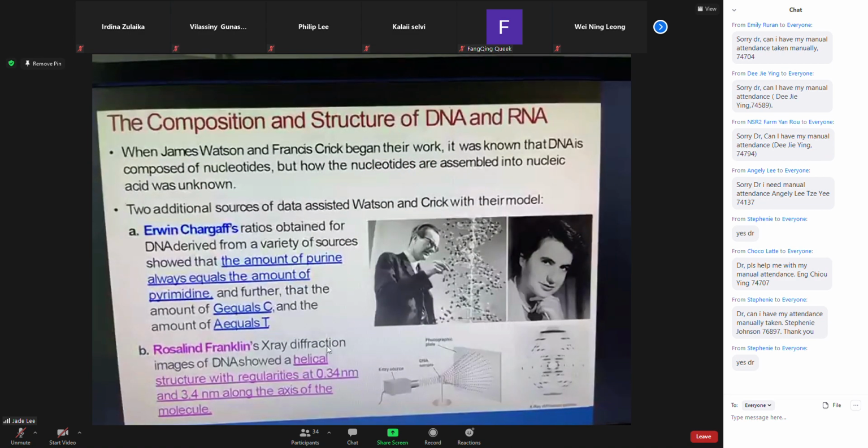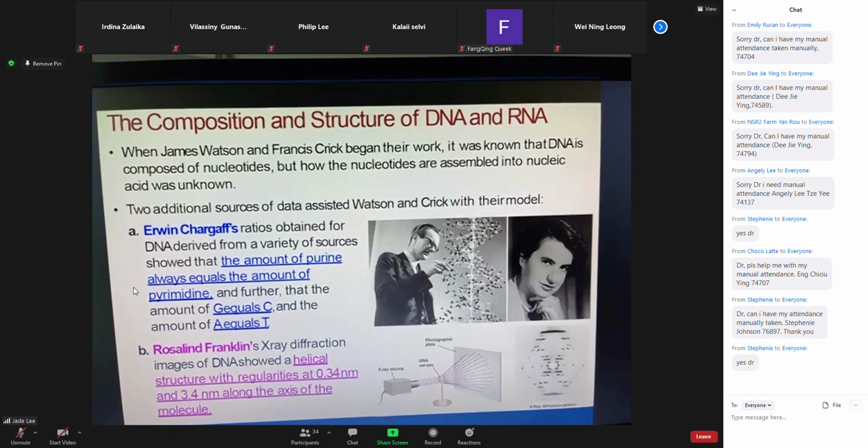So when Watson and Crick began their work, it was known that DNA is composed of nucleotides, but how the nucleotides are assembled into nucleic acid was unknown. There were two additional sources of data that assisted Watson and Crick with their models.